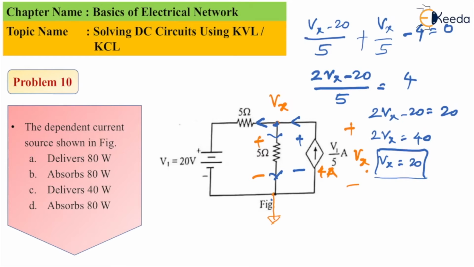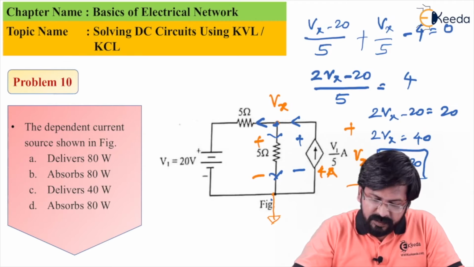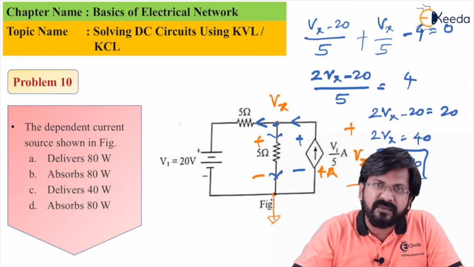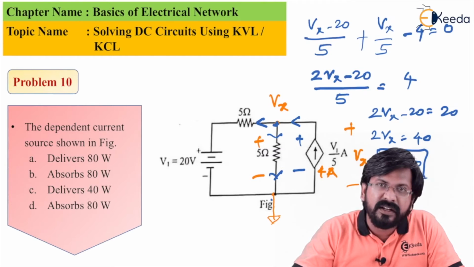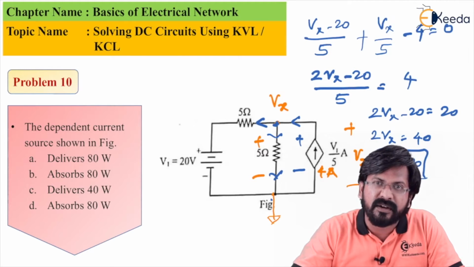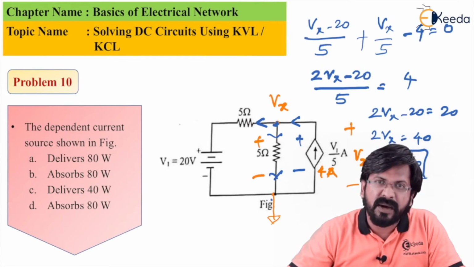Whenever you get voltage or current as positive, it means the assumed direction for current as well as the assumed polarity for voltage is correct. It means this Vx, which we have considered as plus minus across this, according to this polarity, we know that this current is coming out of the positive terminal. It means it is delivering the power. So in a way, we haven't determined what the power is, but at least we know that it is delivering the power for sure. Let us calculate the power then.